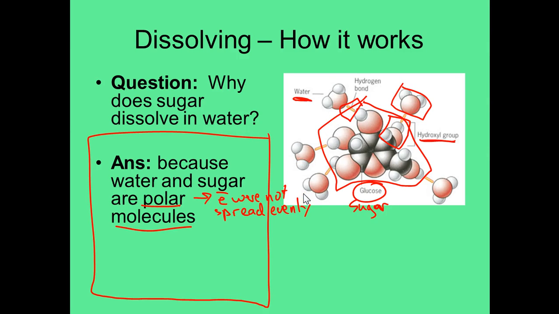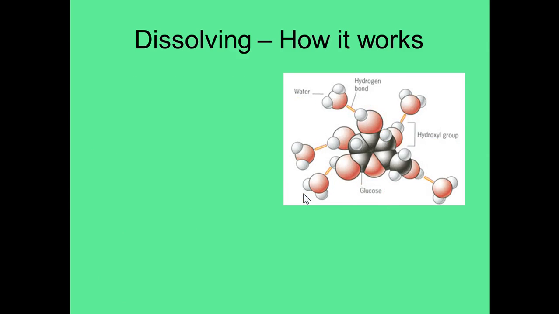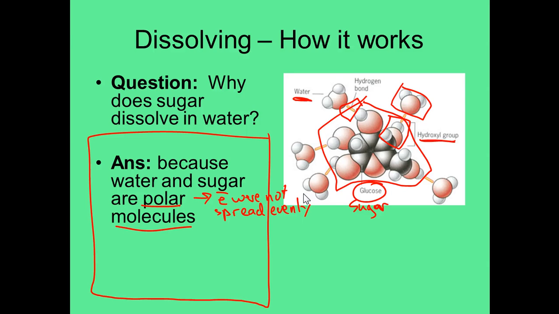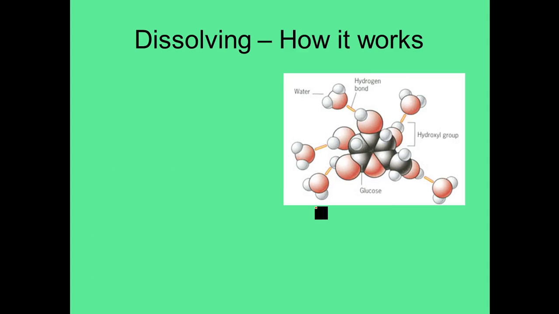That is a polar molecule. The other one, non-polar, is when the electrons are spread evenly. Both the glucose and the water are polar. Their electrons are not spread evenly. As a result, they interact with each other and can dissolve each other.